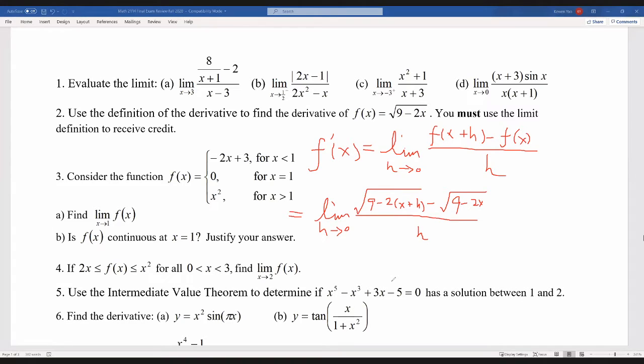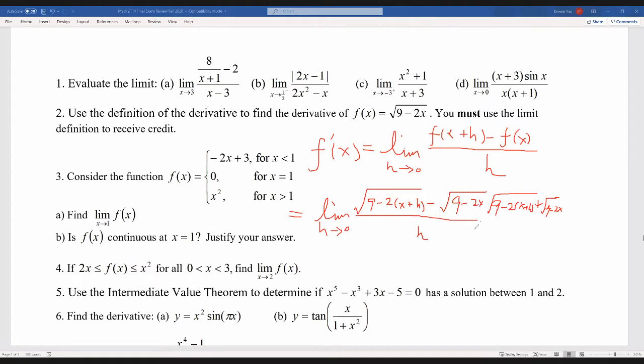So you have to use algebra. How to use algebra? Rationalizing the numerator. Remember, we have learned this technique. So multiply by the square root of 9 minus 2(x plus h), plus the square root of 9 minus 2x.